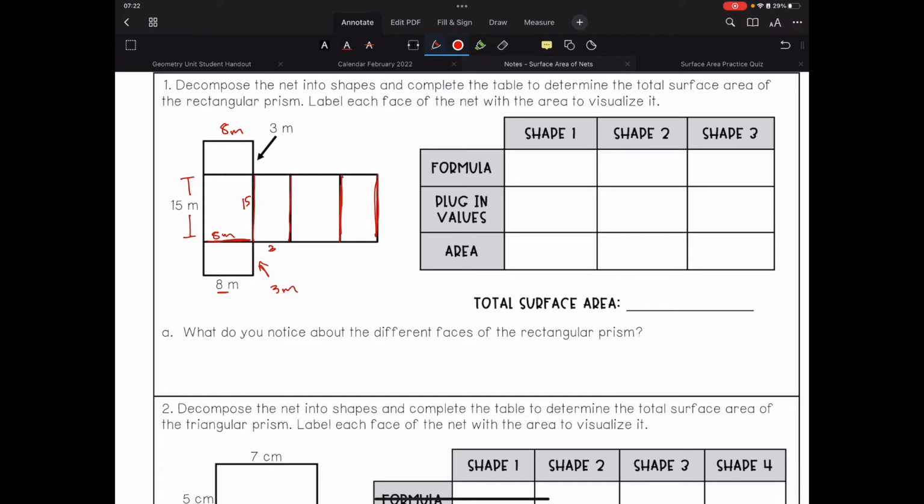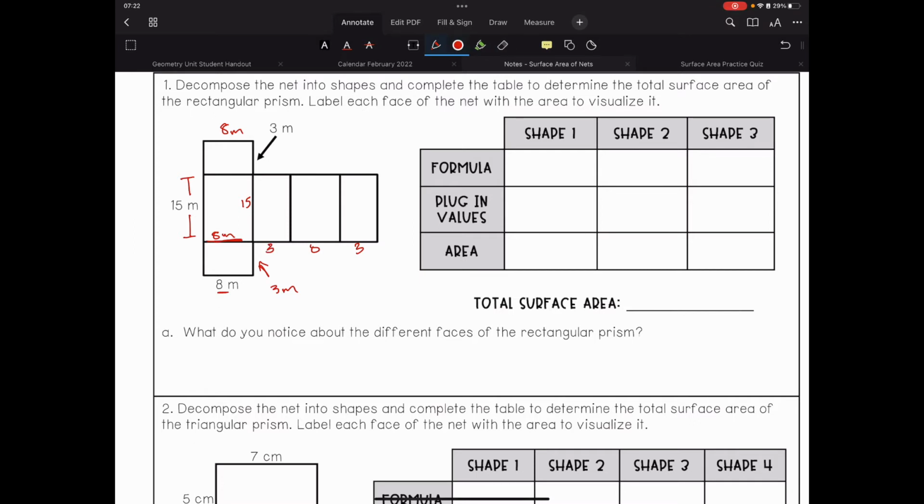This one here is 8, and that one's 3. So got to be careful when we're doing this. And this will be a lot easier after we see what nets look like when I come back in person, but we can still do this.